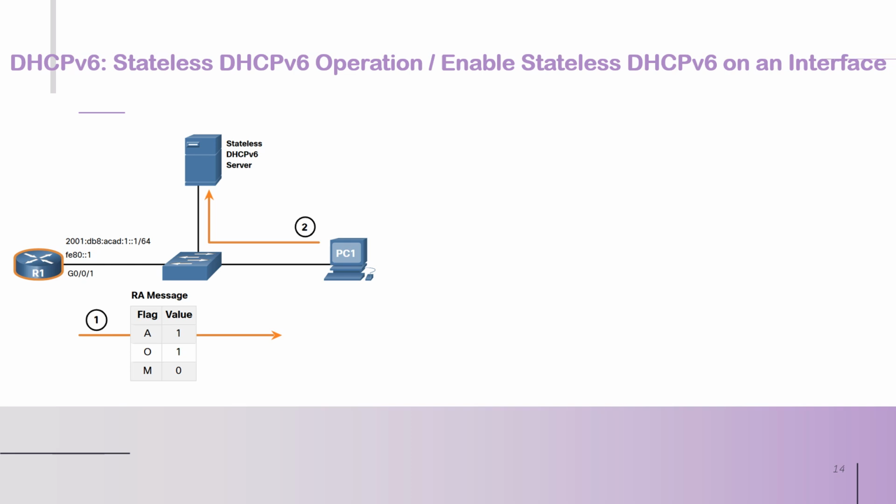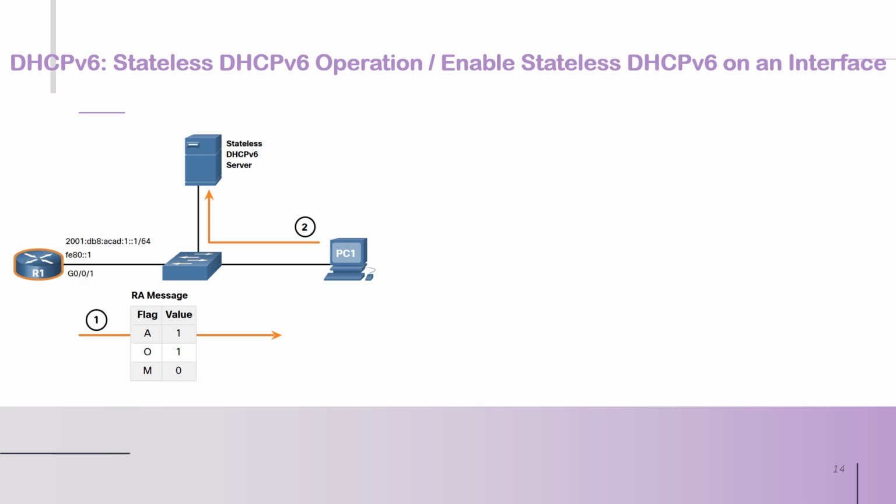The O flag 1 informs the client that additional configuration information is available from a stateless DHCP version 6 server. This client sent a DHCP version 6 solicit message looking for a stateless DHCP version 6 server to obtain additional information, for example, as we mentioned before, the DNS server address.